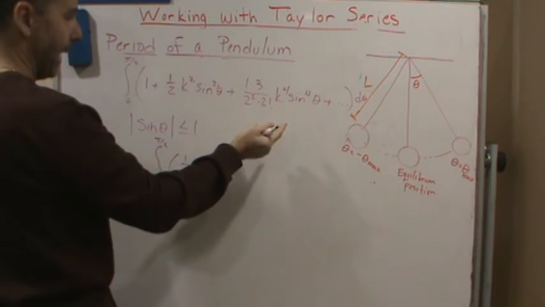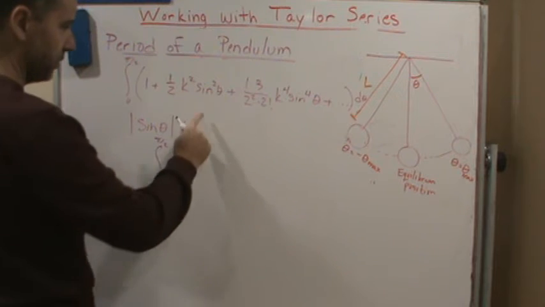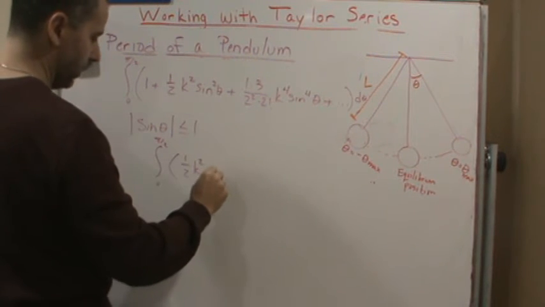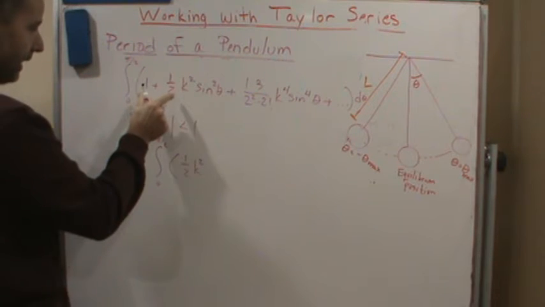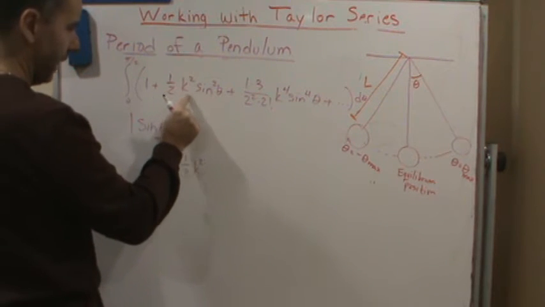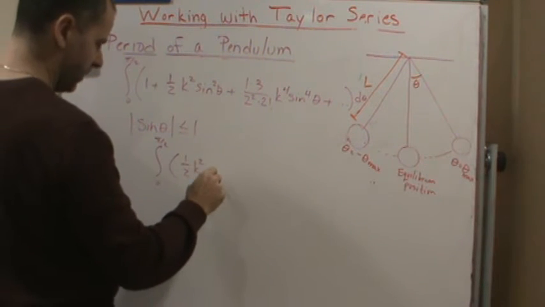So we're going to make this the maximum it can be, which is when sine is 1. So all of these are just going to be replaced with 1, and we get 1 plus 1/2 k. This is going to be bounded above by this.